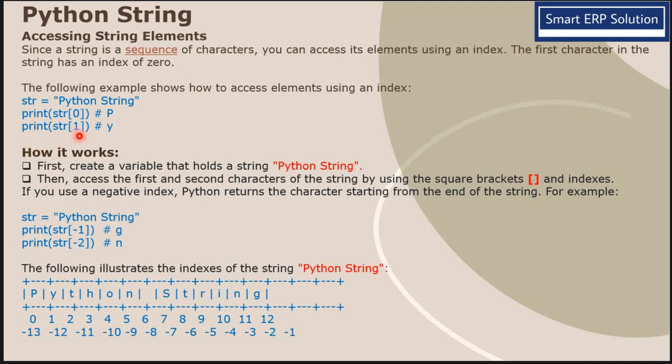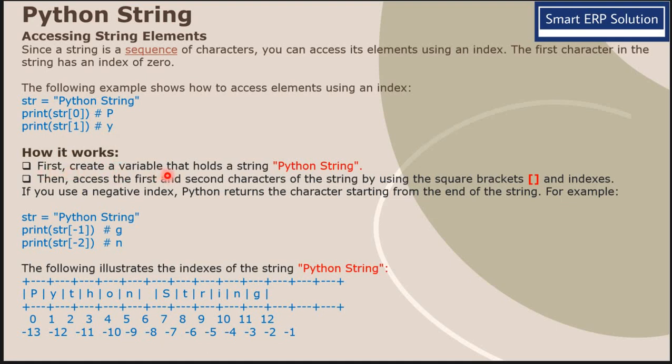Print str[1]. 0 means P, 1 means Y. As the first character in the string has an index of 0, if we write string str within the square bracket 0, it will give the output P, this P, and 1 will give Y. If we run this program, for the first print, P will be displayed, and for the second, Y will be displayed. How it works?